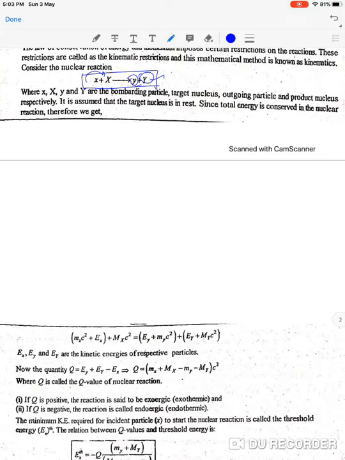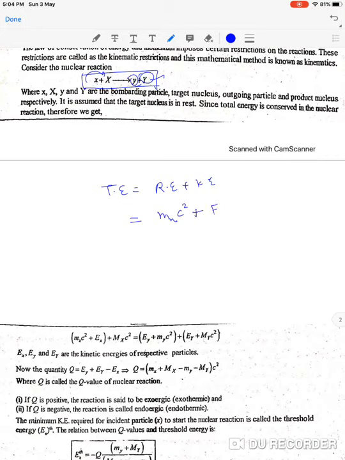If I write the total energy of this x in the relativistic case, it is the rest mass energy plus the kinetic energy.